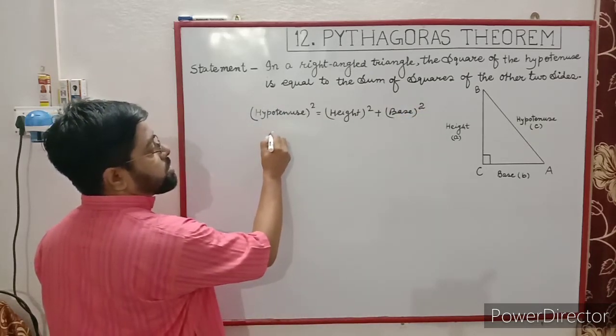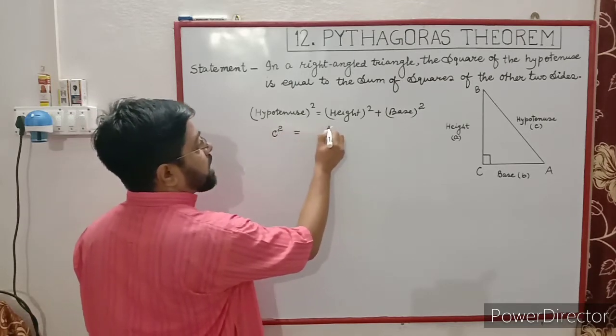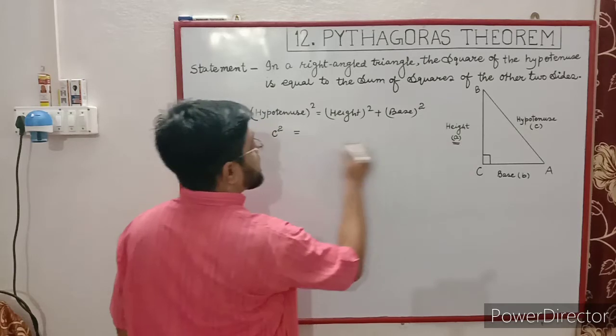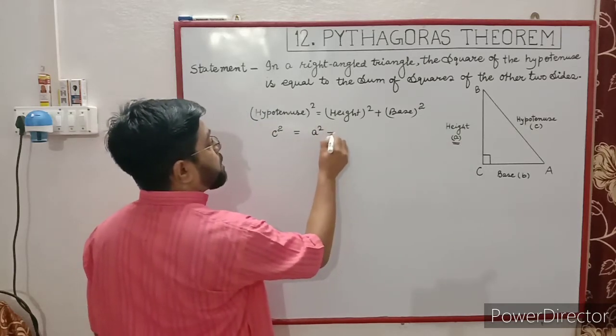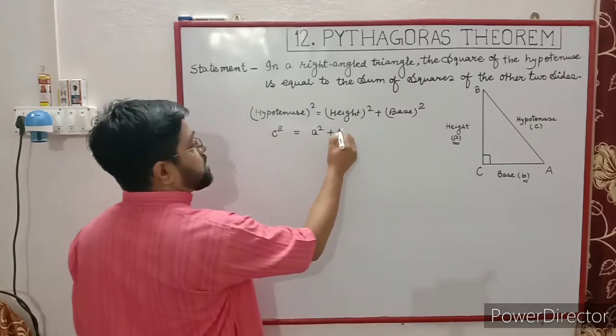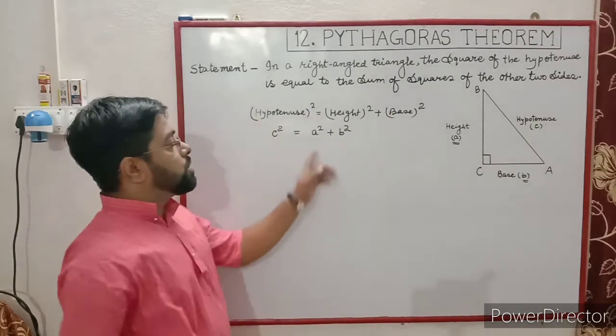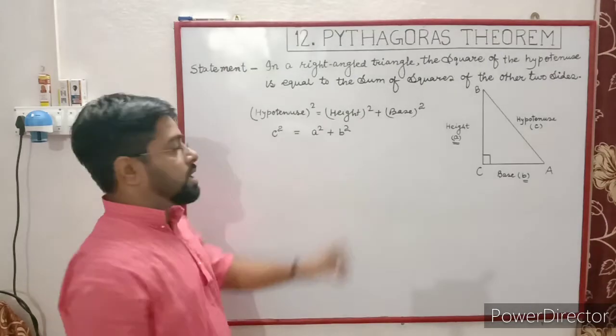Now hypotenuse is denoted by C, so C square is equal to height is denoted by A, so A square plus base is denoted by B, so B square. Hence C square is equal to A square plus B square.